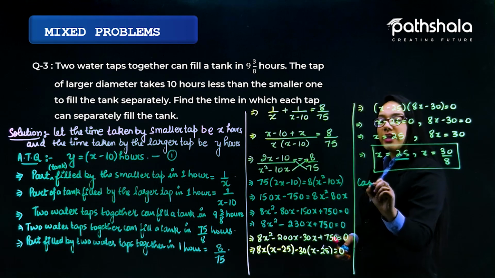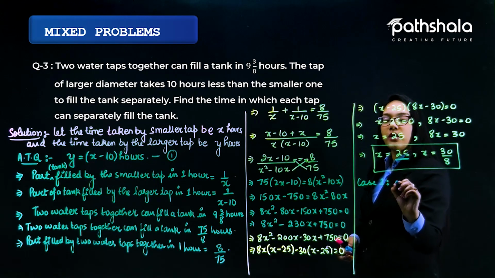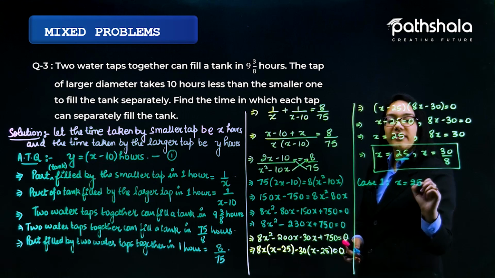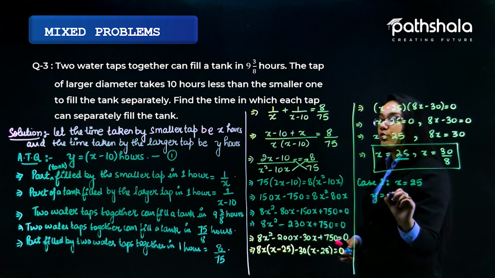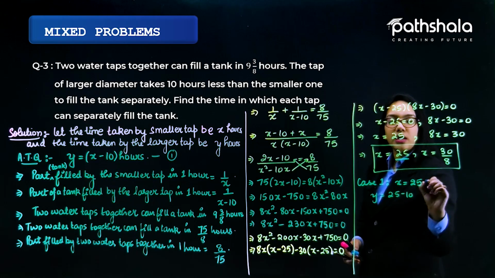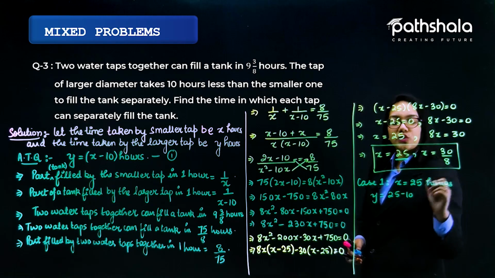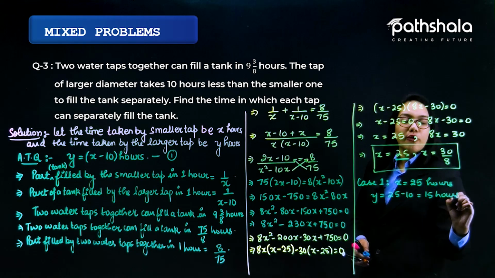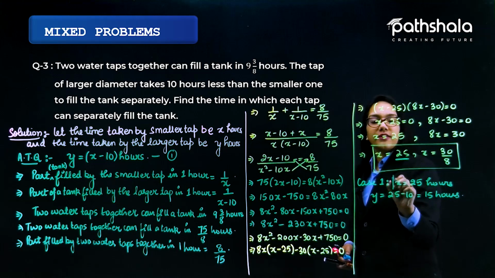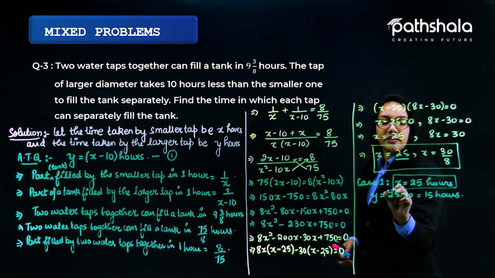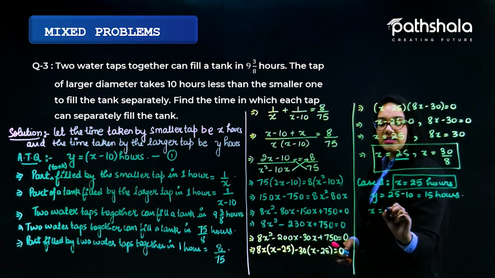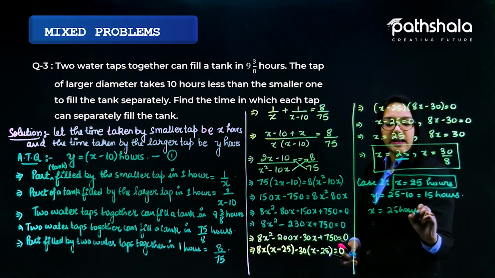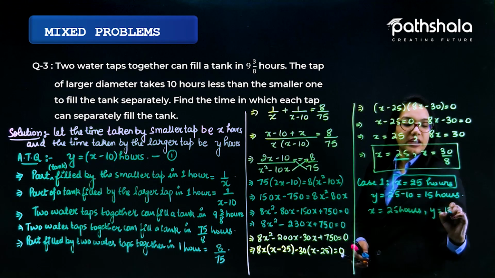So for case number 1, when I'm taking x = 25, then from equation 1 we are getting y = 25 − 10. So this would be nothing but 15 hours. So for x as 25 hours, I am getting y as 15 hours.